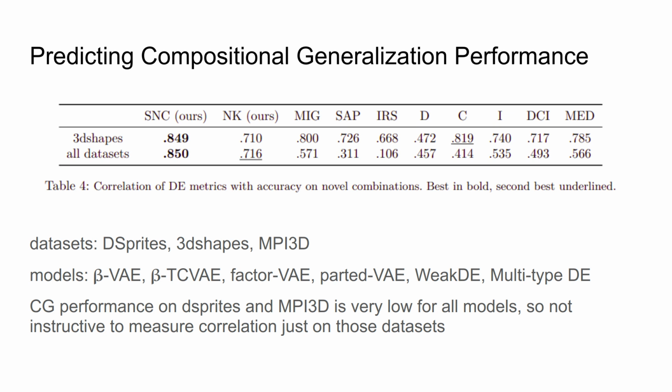And also, you can see that to the greatest extent, our metrics are detecting it, especially this single neuron classification metric. It's the highest correlation for both 3D Shapes and on all data sets. And you can see in the paper calculations showing this difference is very significant compared with other metrics. So that's everything.